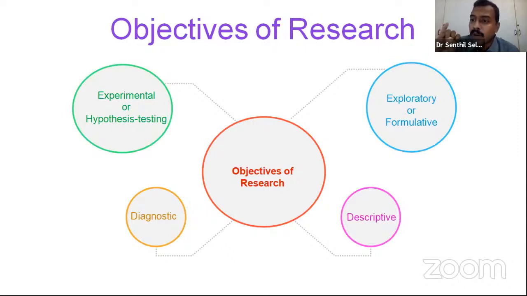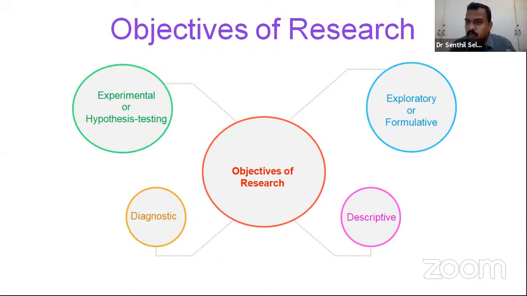One, to know something which is new to us is exploratory, and to portray a character of a person or a group, it is descriptive, and which is more clinical, to identify the frequency of occurrence between the two variables, it is diagnostic, and how effective a treatment is when we give it for a condition, it is experimental or hypothesis testing.